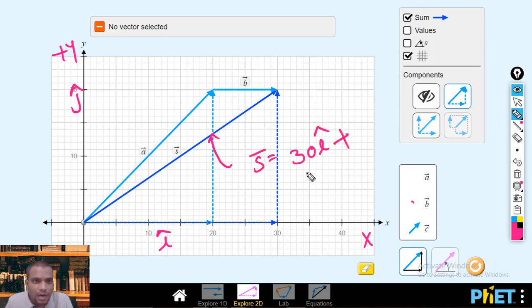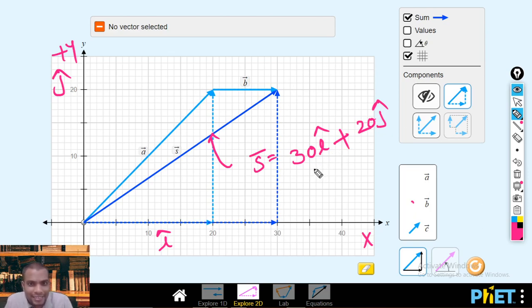Plus, and what about the j cap? It is representing up to here. Maybe if I move this a little up, it is showing up to 20, so I can add 20 j cap. So this is how we write the resolution of vectors.